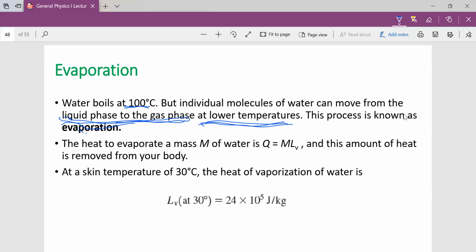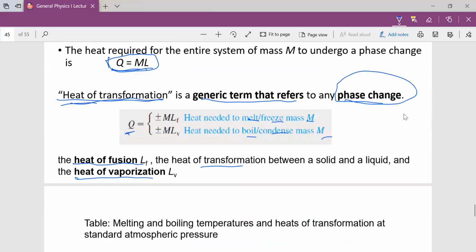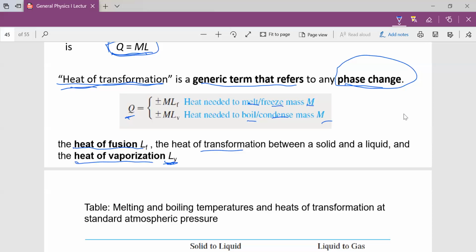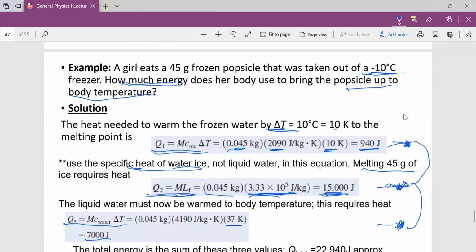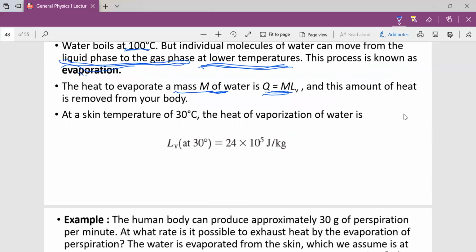All right. So we also now have that the heat to evaporate a mass M of water is given by this. You remember the fusion, and look at it, vaporization. Okay. So that's where we are bringing that V from.